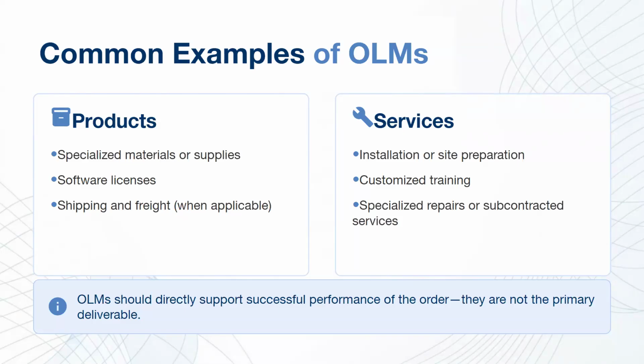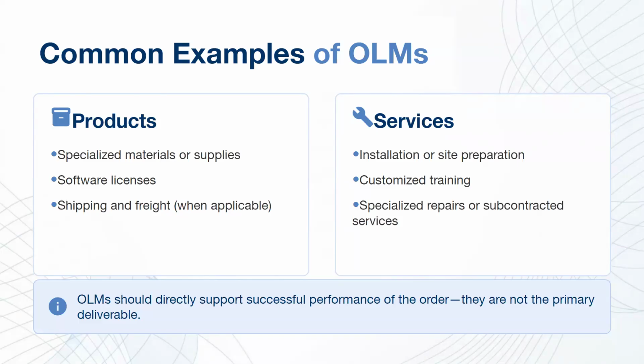They may need specialized cables, mounting hardware, software licenses, or any other materials relevant to that buy that weren't awarded to their MAS contract, but are necessary to complete the installation. Those kinds of supporting products may qualify as order level materials when all of the applicable requirements are met. Again, OLMs can include services.